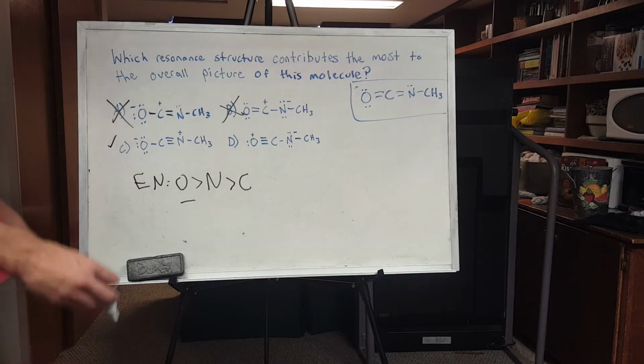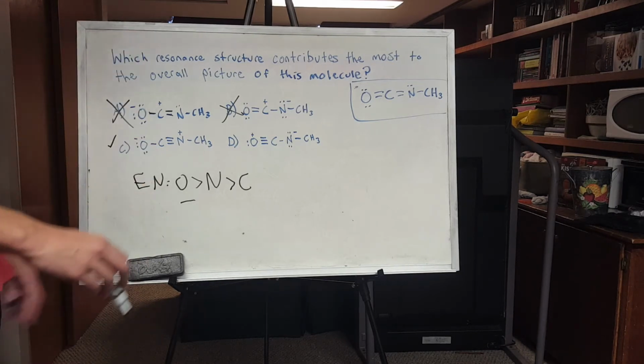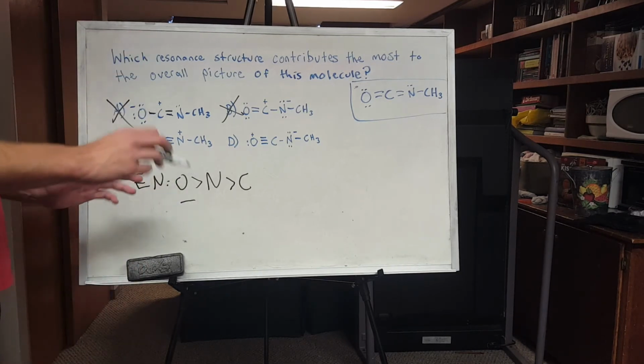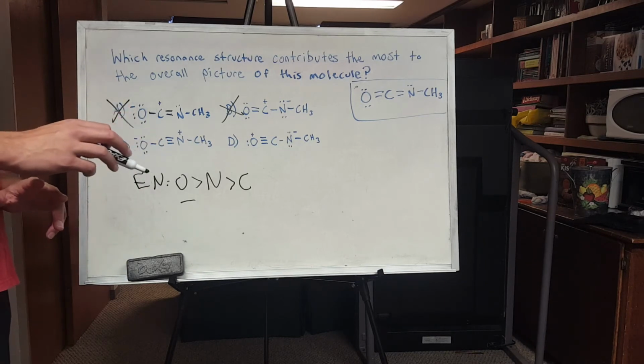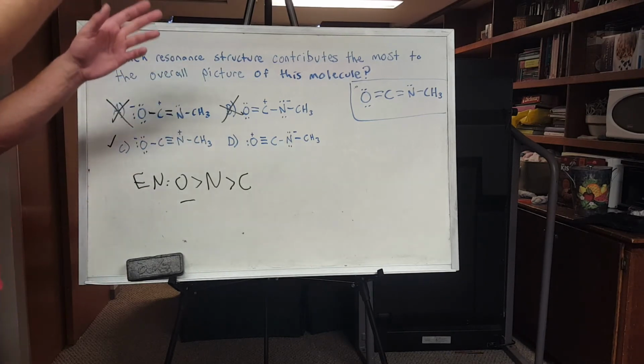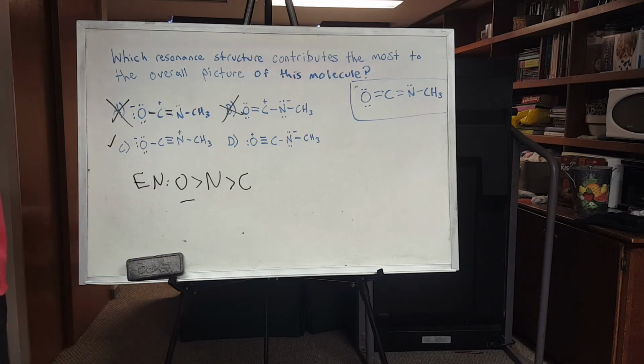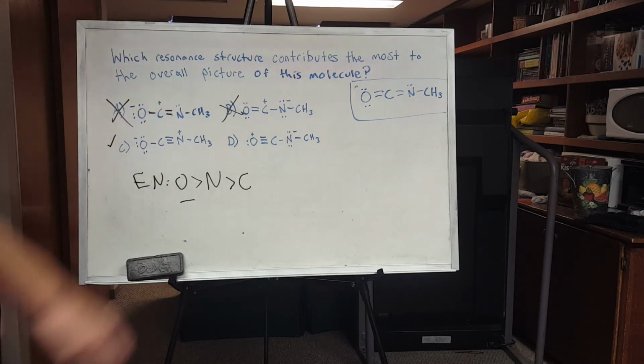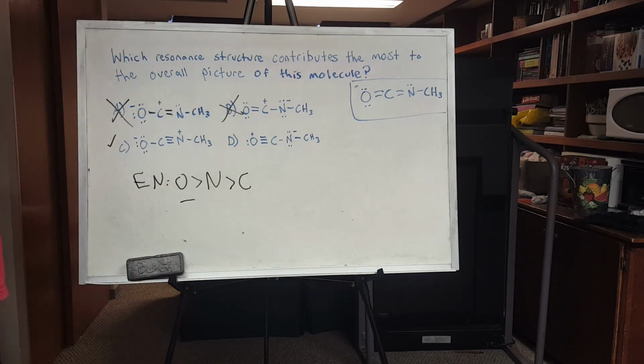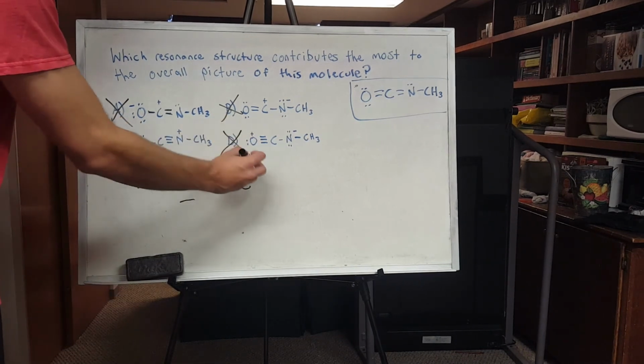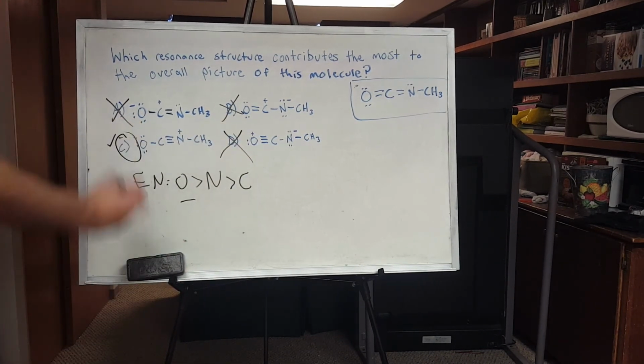O, with more protons in its nucleus, has the ability to sustain greater electron density on its outer shell, I suppose you'd say. So you can cross off D anyway, and the answer has got to be C.